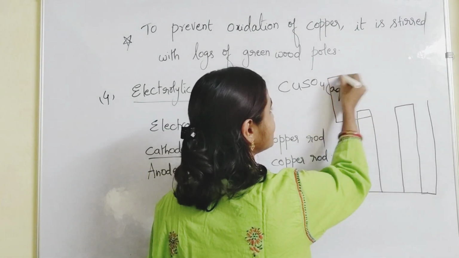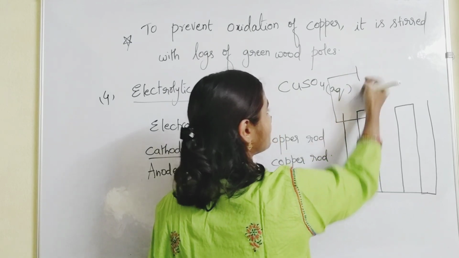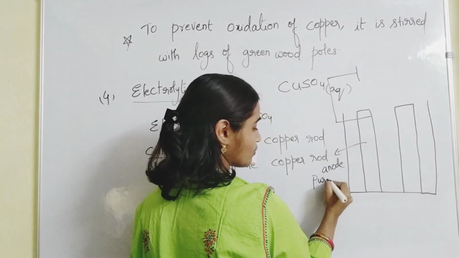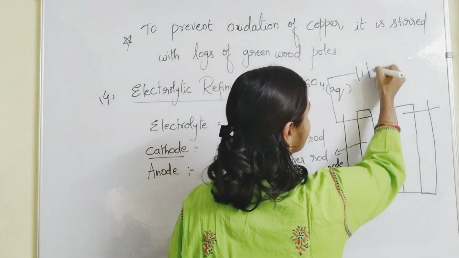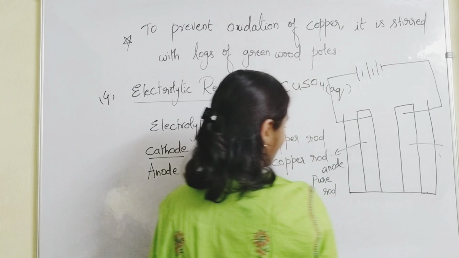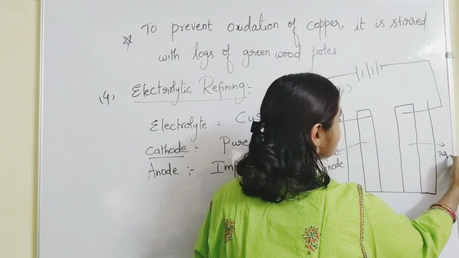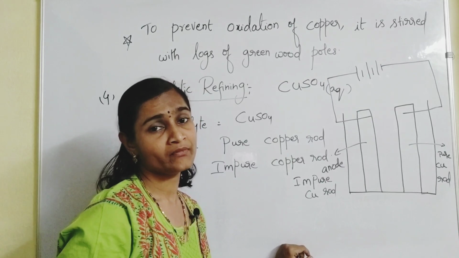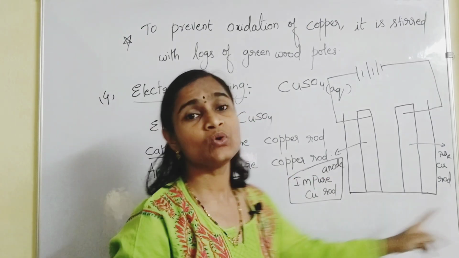The one connected to the positive terminal will be the anode, impure copper rod, and the one connected to the negative terminal is the cathode, pure copper rod.